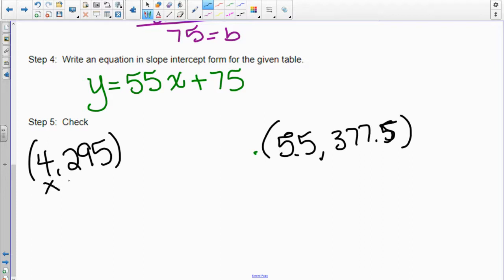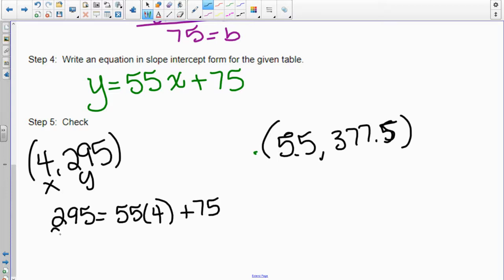I'll just keep consistent here and use the 2 points that I originally picked. So I'm going to plug in here y, which is 295, equals my slope of 55 times the x value in this coordinate, which is 4, and add 75. So 295, 55 times 4 is 220. Add the 75 at the end. That does equal 295.